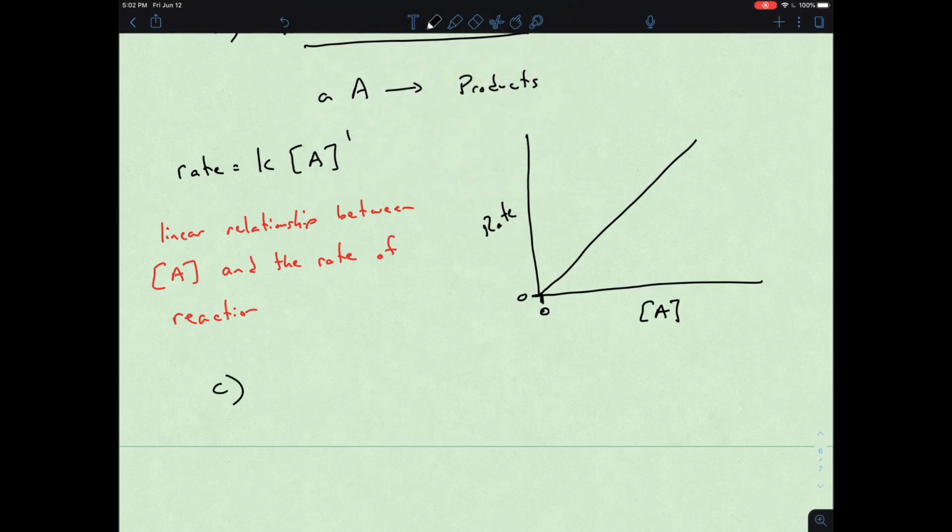The third relationship, like I said, there are many order processes out there. But for us, we just do 0 order, first order, and now a second order reaction where now x is equal to 2.